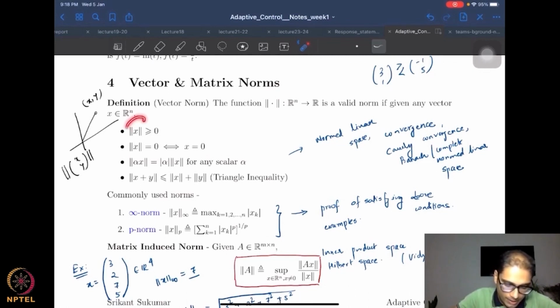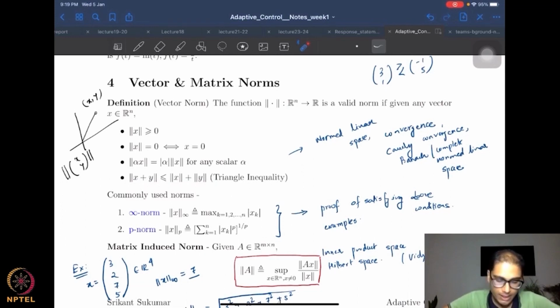The first property is that it is non-negative. The second is that it's 0 only if the vector itself is the 0 vector. The third is the scalar multiplication property, that is the norm of alpha x is equal to mod of alpha times norm of x for any scalar alpha. And the final and probably the most critical property is the triangle inequality, which is that norm of x plus y is less than or equal to norm x plus norm y.